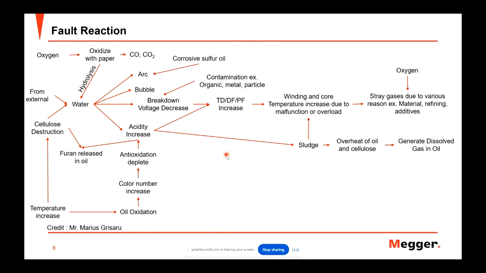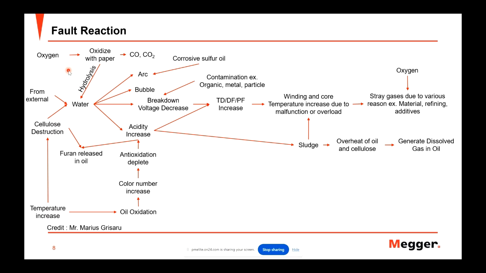This is the diagram of the fault reaction that happens inside of your transformer. From the diagram, you can see a lot of things that happen inside your transformer. For example, water here. If your transformer has oxygen inside, of course, you cannot get rid of the oxygen down to zero. But if there is a leakage from the outside, that means more oxygen will come into your transformer.